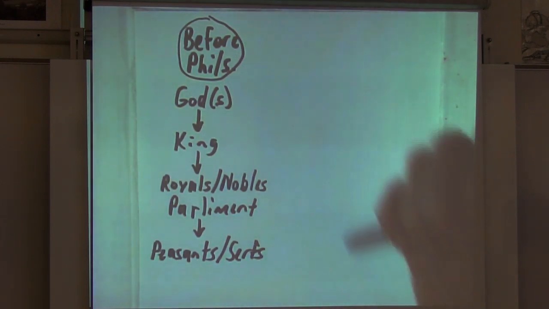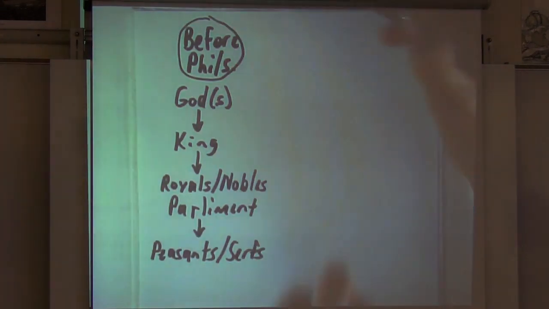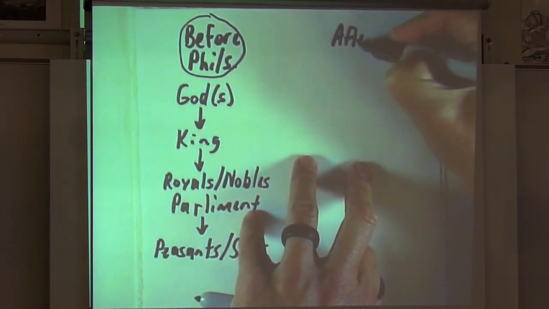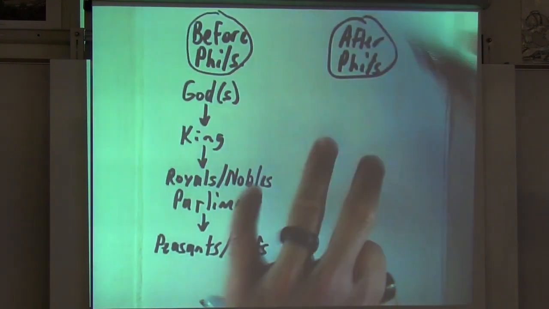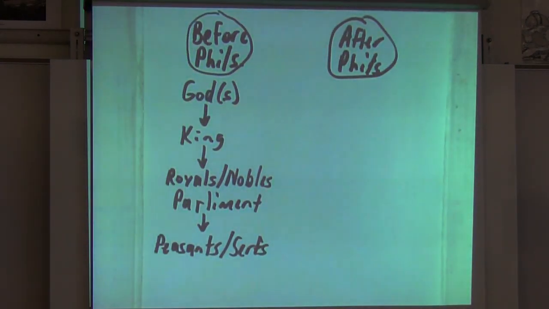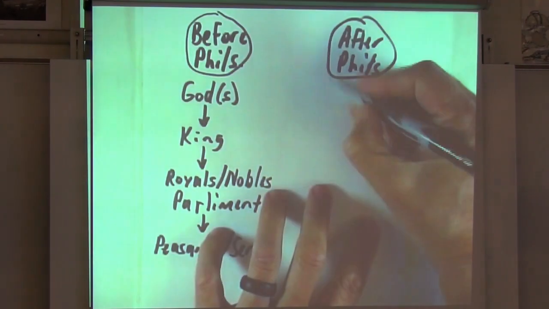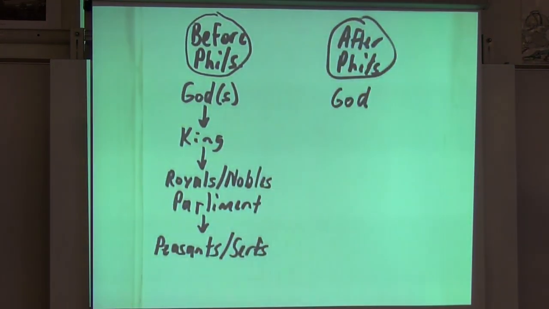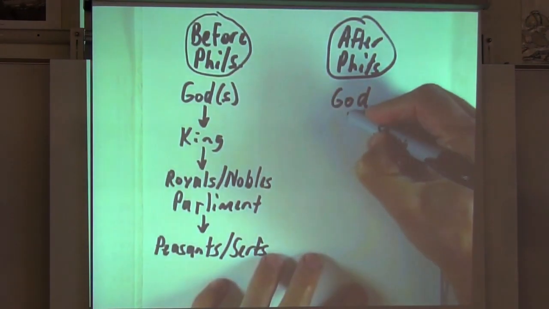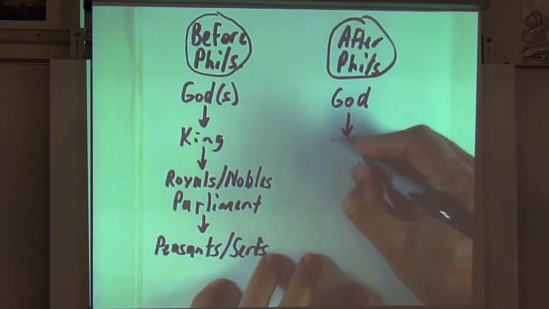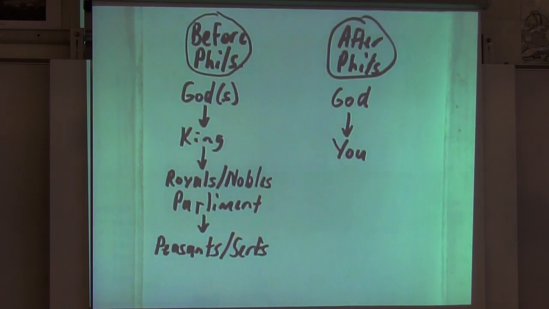Well, what are the Philosophes coming in and saying here? So you get here to after the Philosophes. Well, the Philosophes are basically saying, yeah, God's there. He's there, okay? But the next thing below God is not the king, it's you. And you are important.